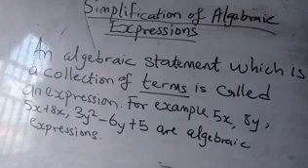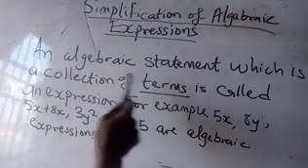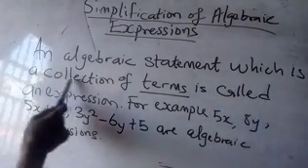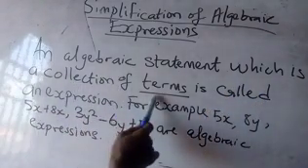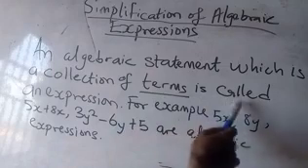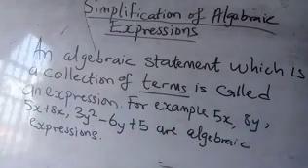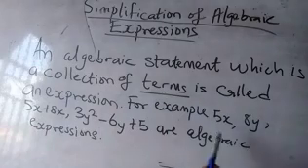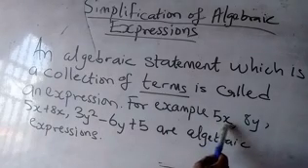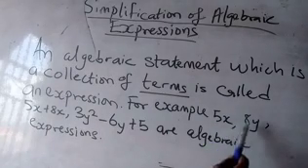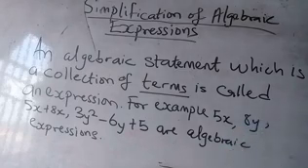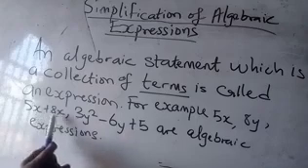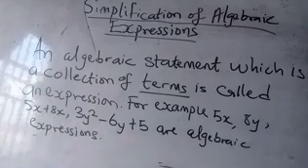Let's look at it. An algebraic statement, which is a collection of terms, is called an expression. For example, 5x is an expression. 8y is an expression. 5x plus 8x is an expression.